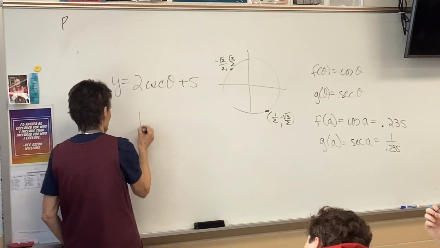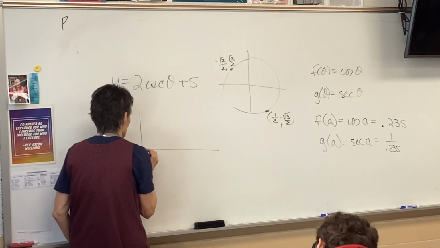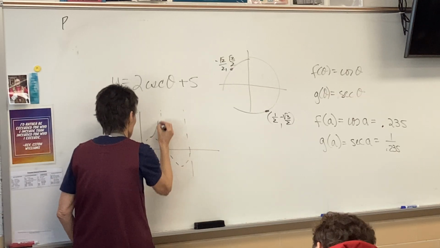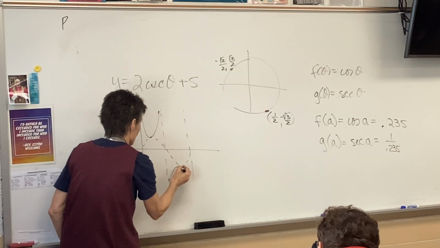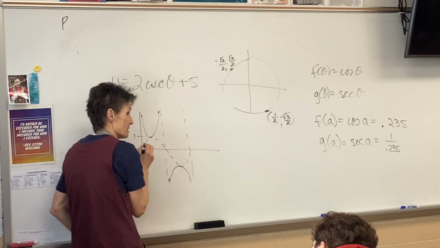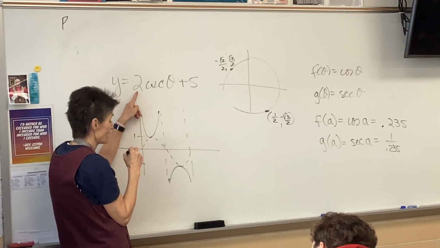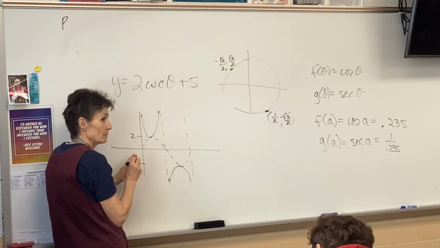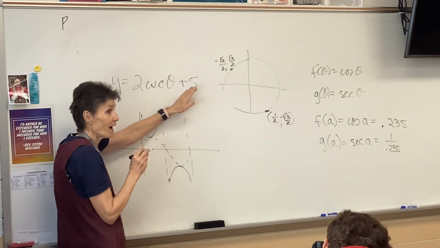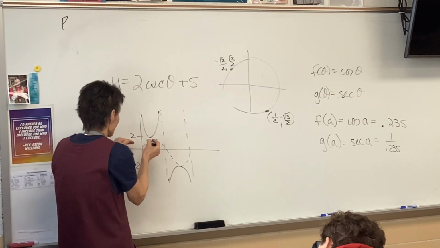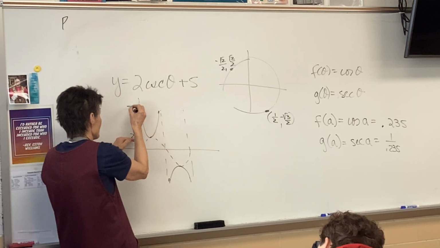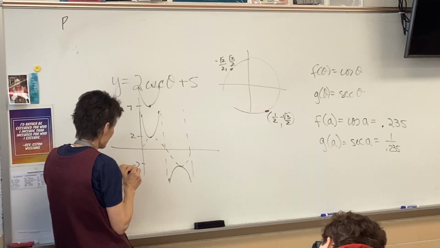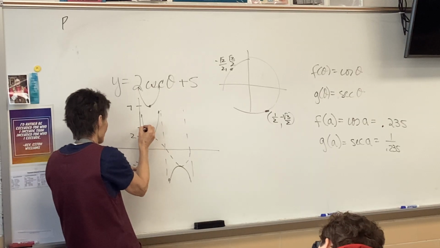Now remember, a cosecant is the reciprocal of the sine. So the normal cosecant looks like this. When we multiply this by 2, that's going to turn these guys into 2 and negative 2, right? And then moving it up 5 is going to pull this point all the way up to 7. And it's going to pull this one up to 3.